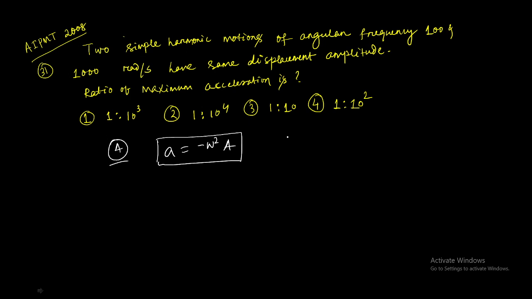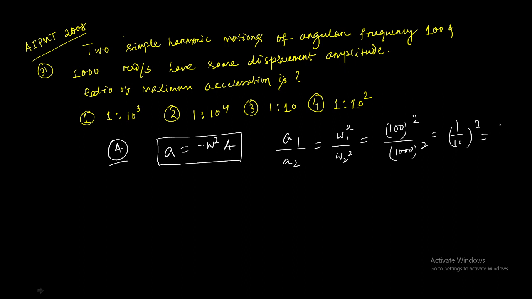So you can find out, let's say a1 divided by a2 equal to omega 1 square divided by omega 2 square. So omega 1 will be how much? 100 square divided by 1000 square. So this will be 1 by 10 whole square. This will be 1 by 100. So option number 4 will be correct.